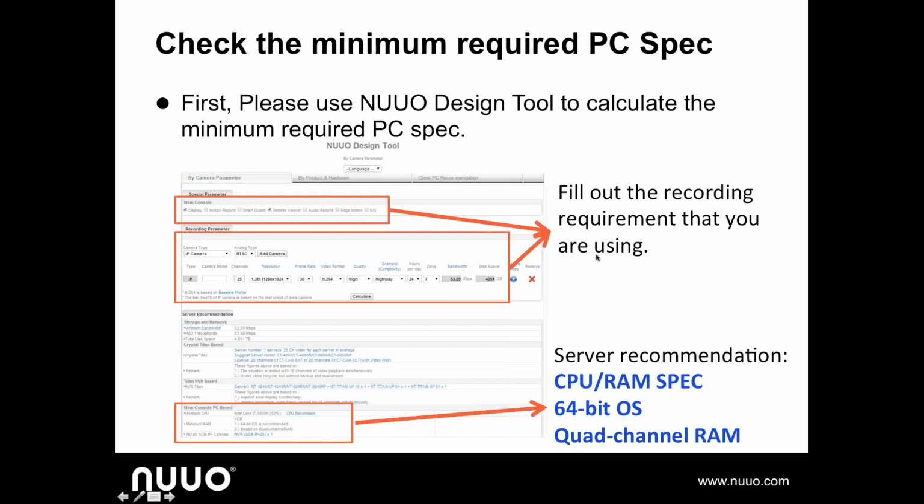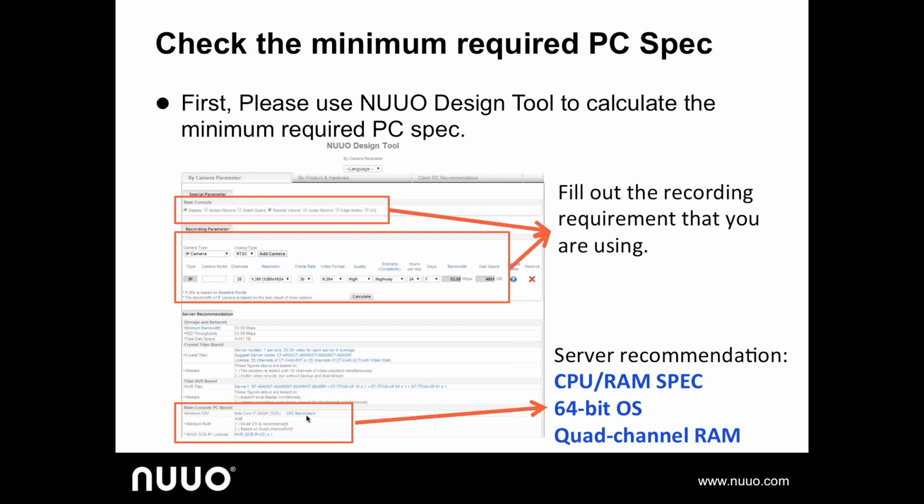It will come out that if he wants to use these recording requirements, then he needs at least an i7 3930K CPU model.